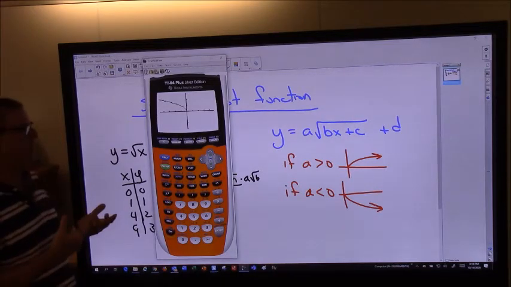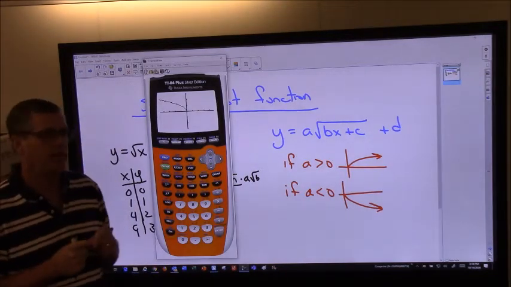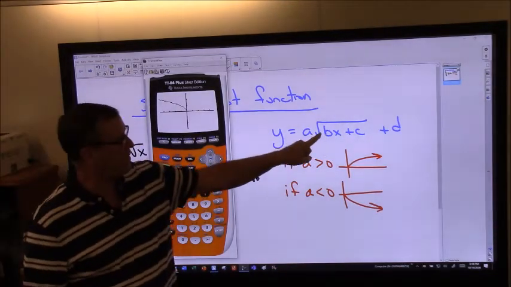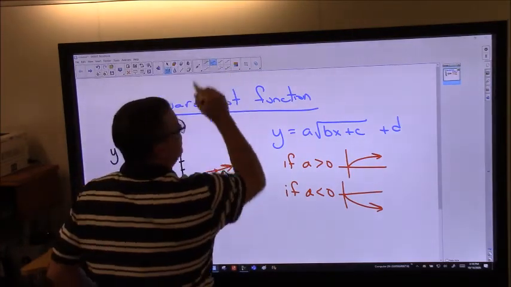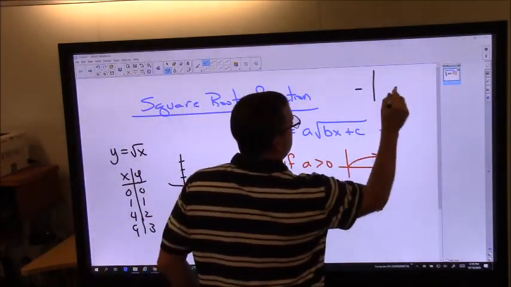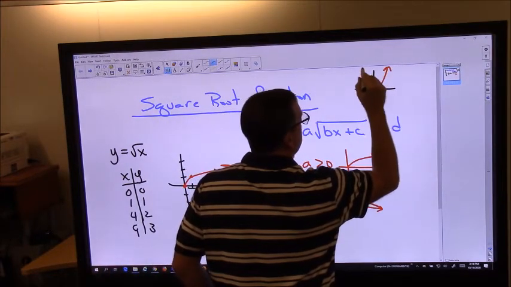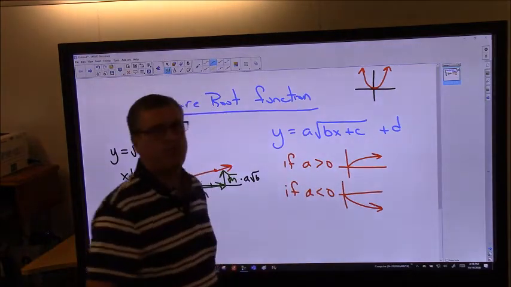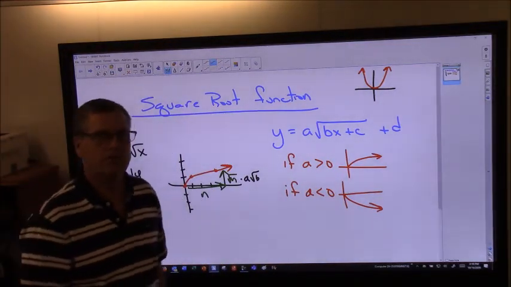Now, I don't feel like that should surprise us because one of the things I said when we were working on the parabola is if the b value is negative, it takes your parabola and flips it across the y-axis. So if you think about a parabola, if I flip that across the y-axis, it doesn't really look any different, right? It would look the same.